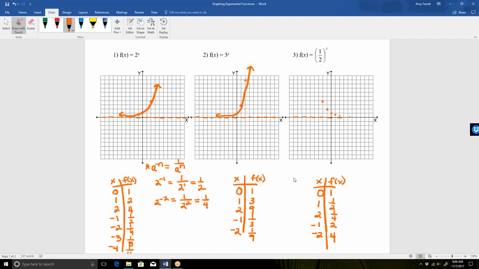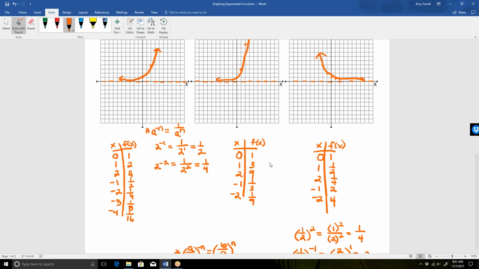Why the graph is decreasing? Okay, so it's still a curve. We still have an asymptote along the x-axis. But now our graph is falling from left to right. Okay, so that's how we graph our exponential functions, b to the x.